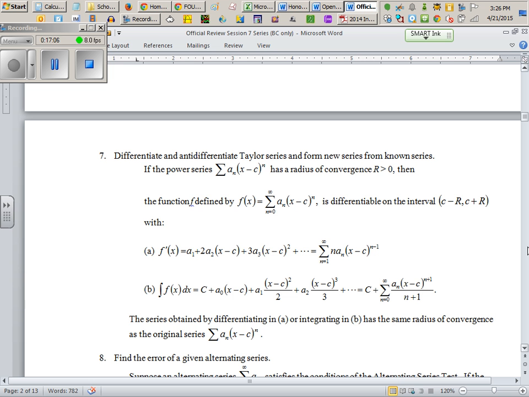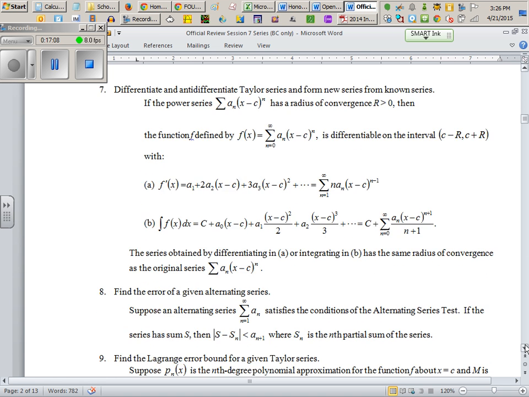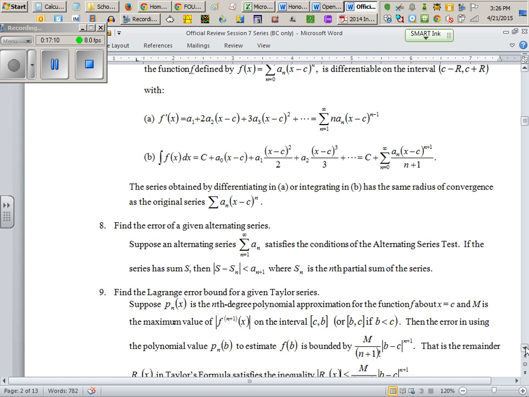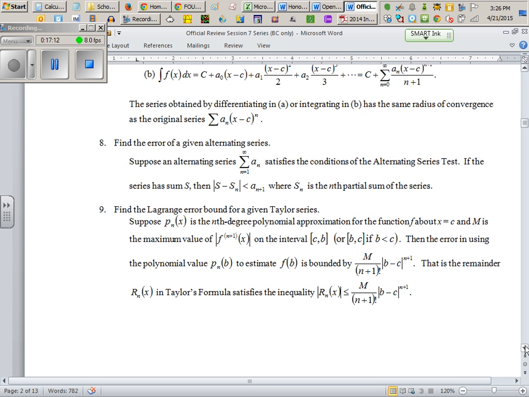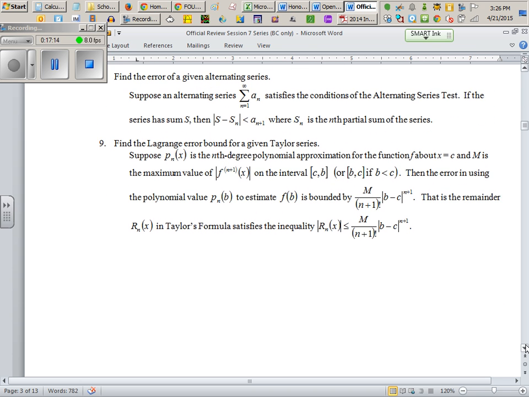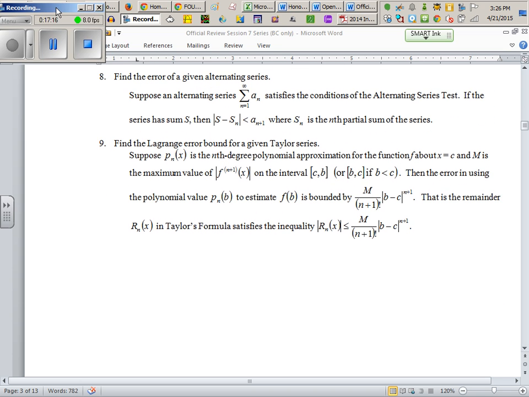So let's go down and look further here. Errors. Error is one of the gnarliest subjects of the year. Fortunately for us, there's only 2 types of error problems on the AP exam. One is alternating series error, or alternating series remainder, and that is pretty easy. This is kind of complicated, but basically just highlight a sub n plus 1.